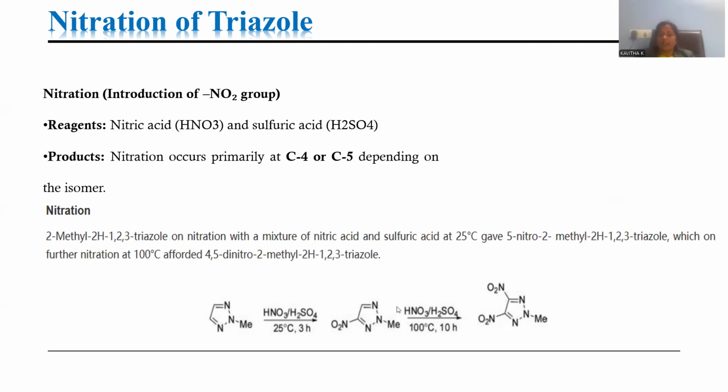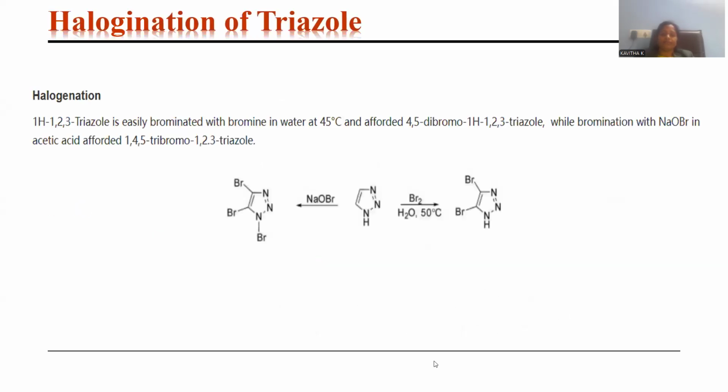If you continue the same nitration further by adding excess reagent, polynitration is also a kind of product you can achieve. Mononitration and dinitration are also possible. That depends upon the concentration of the nitrating mixture you are adding. This is the way nitration of triazole is accomplished by substituting at position 5, and positions 4, 5 together.